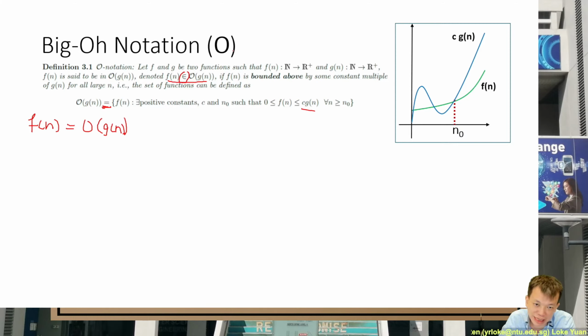Okay, what is this definition? This is the formal definition in mathematics. What does it mean?